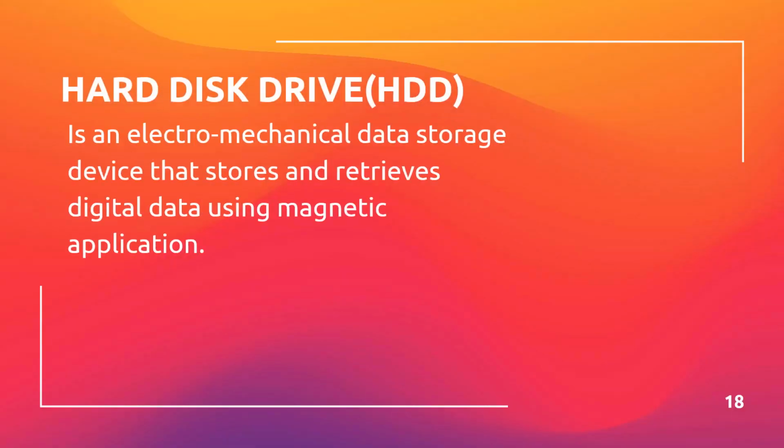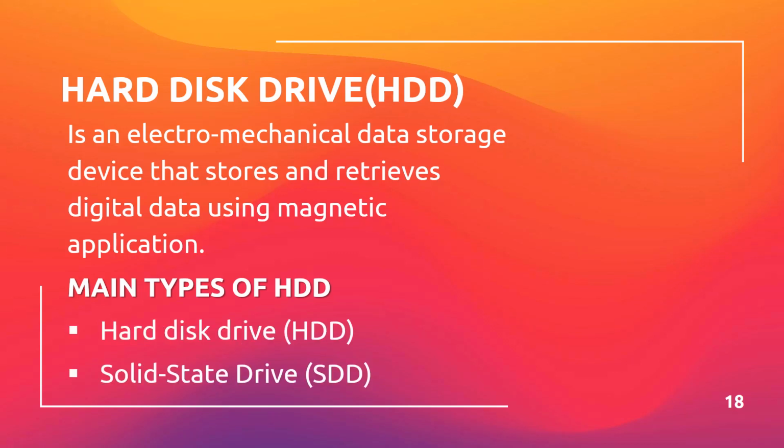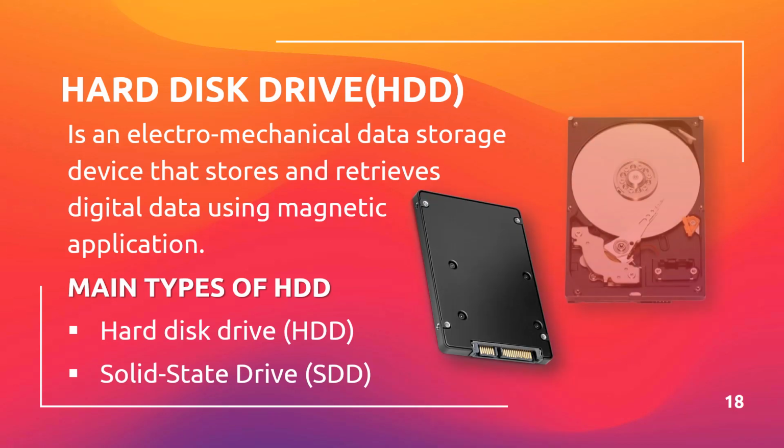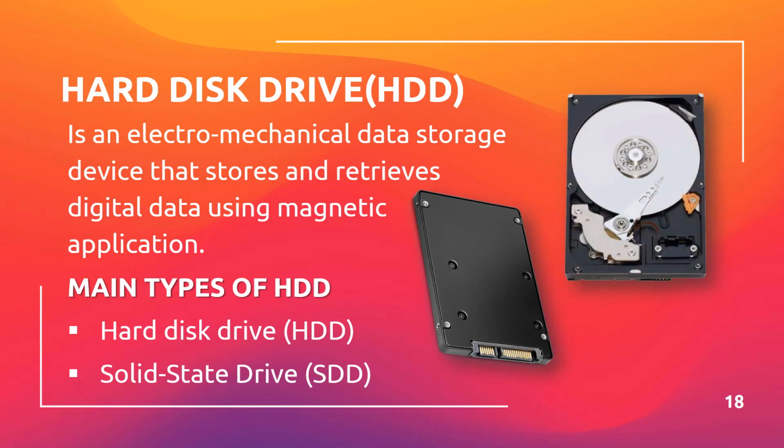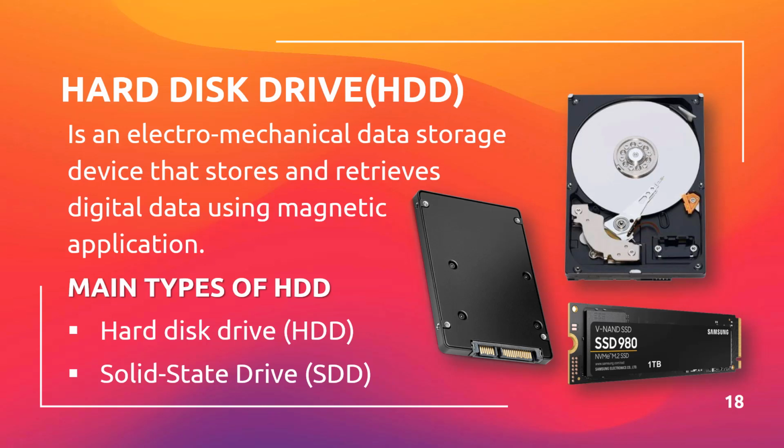Let's look at the hard disk. It's an electronic mechanical data storage device that stores and retrieves digital data using magnetic application. The main types of hard disk drive are HDD or solid state drive, SSD. As you can see there, the one that has a disk, like a CD or DVD, is called the hard disk.